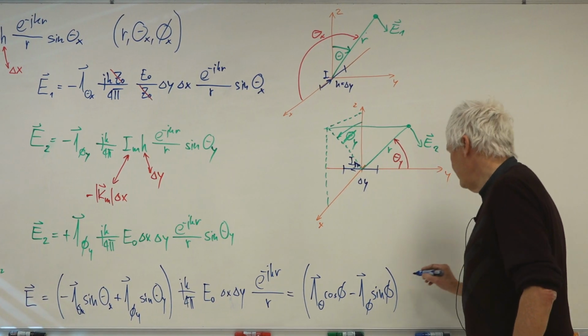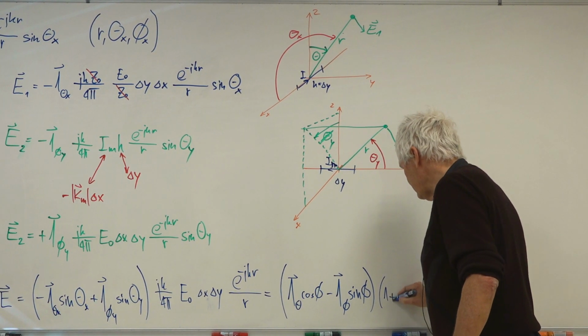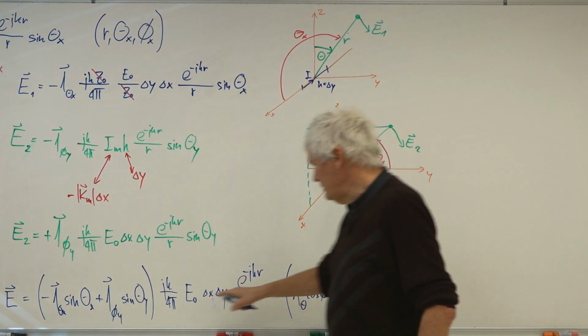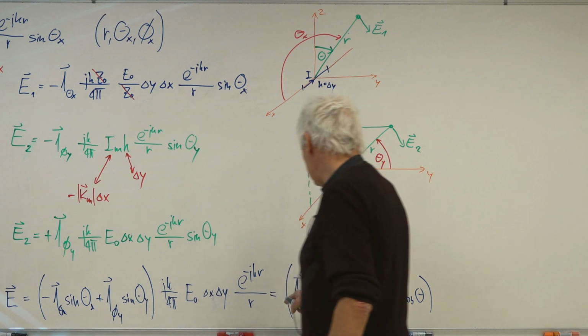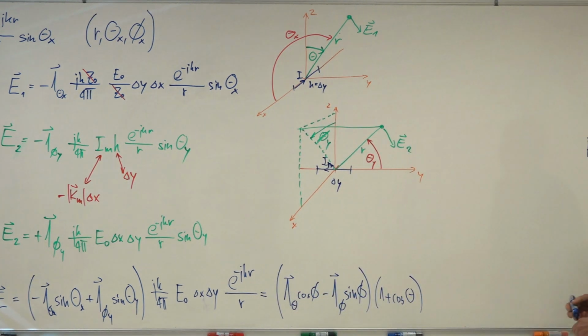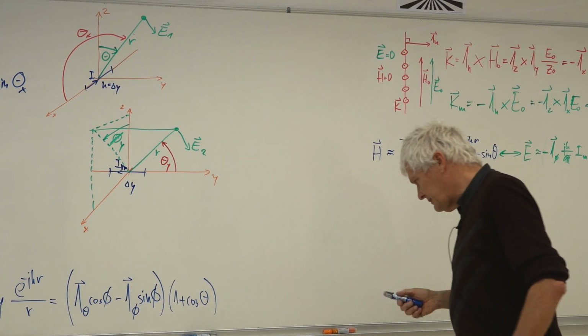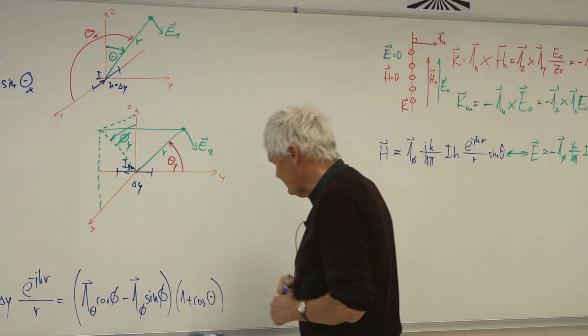It is not all, it is 1 plus cosine theta. This is this expression rewritten in just a single spherical coordinate system with the north pole in the z-axis, so the standard one.